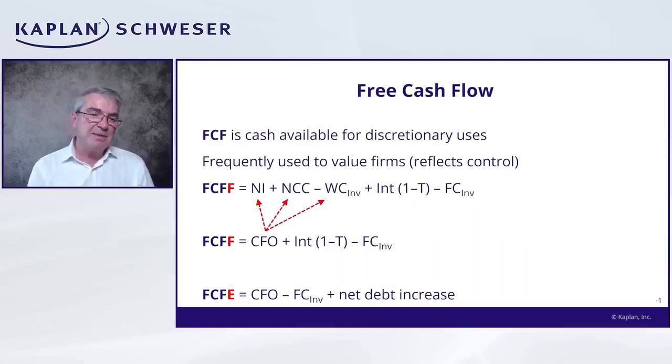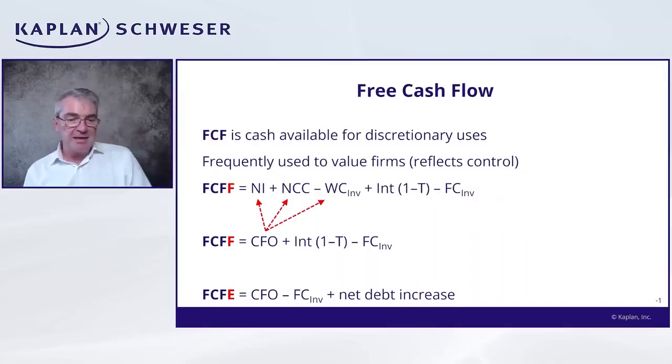Notice free cash flow to equity. Free cash flow to equity is often referred to as being a post-levered measure. So free cash flow to the firm is pre-levered because it's before any distributions to debt or equity holders, before we consider leverage. Free cash flow to equity is after payments and receipts to the debt holders, and therefore it is a post-levered figure.